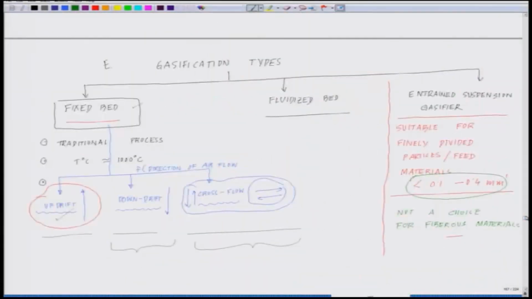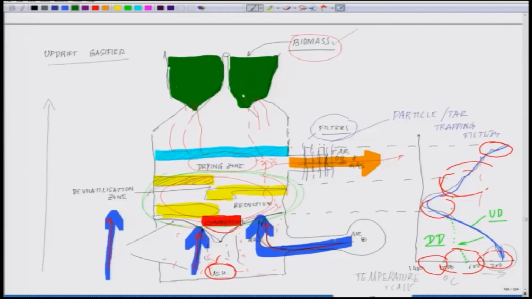Okay. So we talked about the fixed bed gasifiers. As I told you, it is a very traditional process and functions at around 1000 to 1400 degrees centigrade, and it is classified under updraft system where the air is coming from the bottom and going up. Let us again look at it. Okay, air is coming from the bottom and going up.